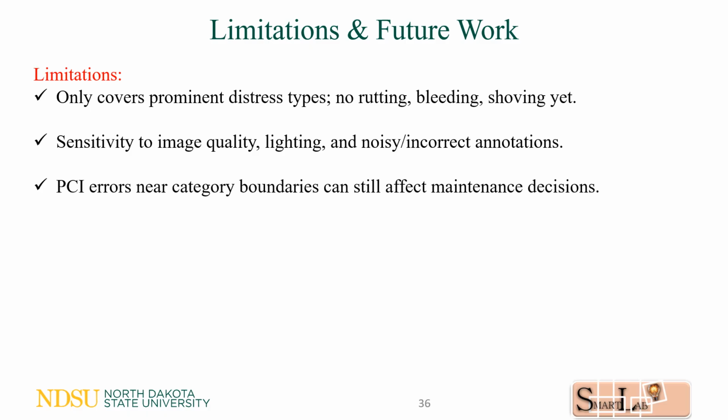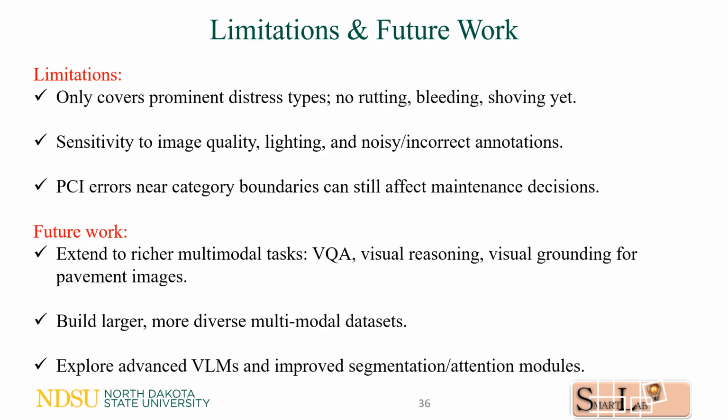And the PCI errors near category boundaries can still affect maintenance decisions. For the future work, we want to extend to richer multimodal tasks such as VQA, visual question answering, visual reasoning, and visual grounding for pavement images. We also want to build larger and more diverse multimodal datasets and also explore advanced VLMs and improved segmentation or attention models.